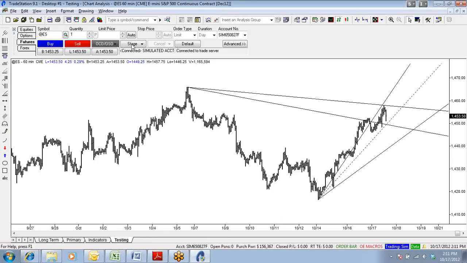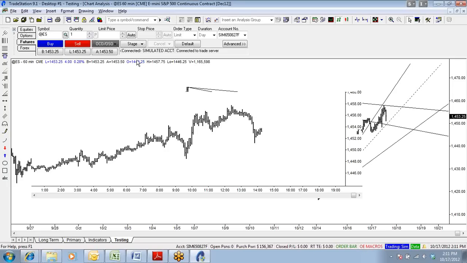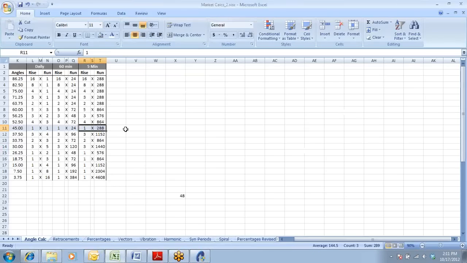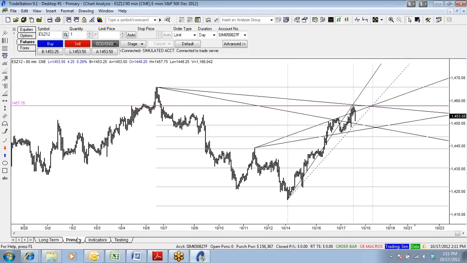So that's it, and then on the 5-minute chart, it's no different. I just go back and instead of 1 by 24, it's a 1 by 288. Okay, so I don't know if I need to go into all that, but what I will do is go back to show you what I'm working on, right? This is my real 60-minute chart that I'm trading off of.